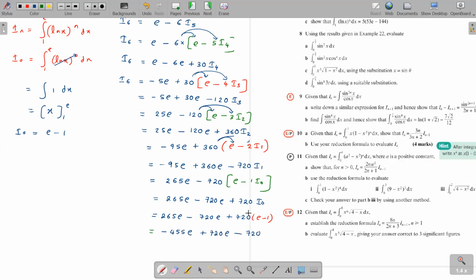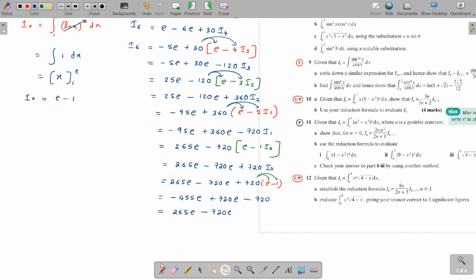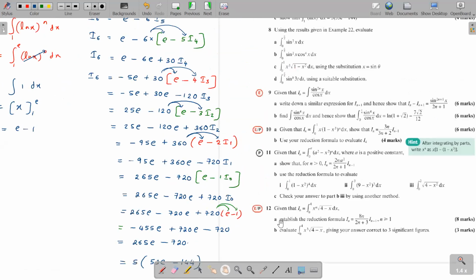When we open this bracket, we get 265e minus 720. Do we have a show that here? Divide by 5. 720, right? Correct, right? Okay, then take 5 out. Not e, there's no e, just 720. Taking 5 out, 265 divided by 5 is 53, and 720 divided by 5 is 144. So is that our show that?